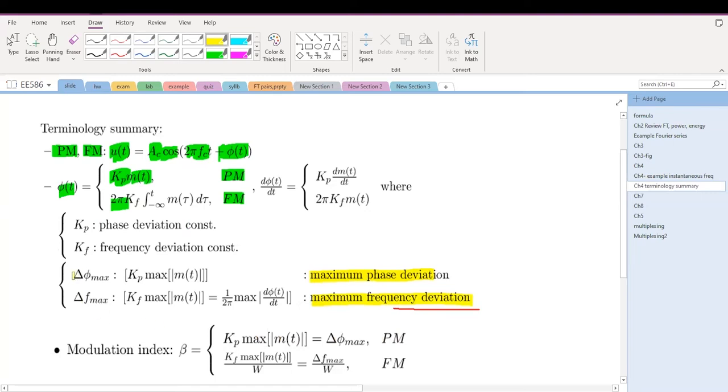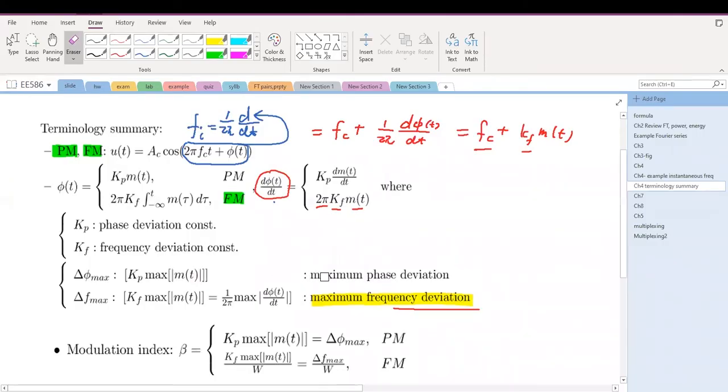So the maximum phase deviation, delta phi max, equals Kp multiplied by the maximum value of the absolute value of m(t). This comes from here. In phase modulation, Kp m(t) is the quantity by which the phase of the carrier changes with the message. To find the maximum phase deviation, we take the absolute value of the message and multiply by Kp.